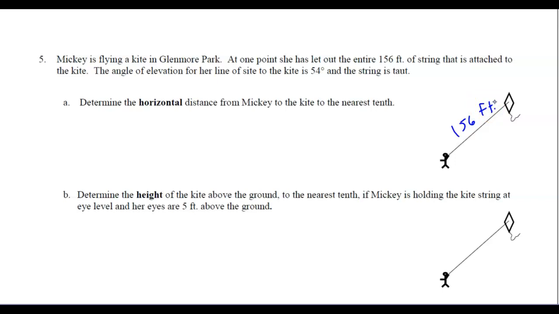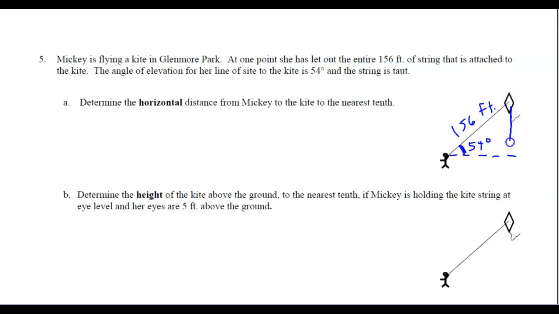The angle of elevation for a line of sight to the kite is 54. So we want to do a horizontal line at her line of sight, and angle of elevation is this angle, which is 54. And the string is tight. Taut is meaning it's straight. Okay, determine the horizontal distance from Mickey to the kite.